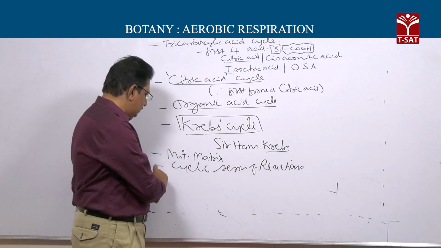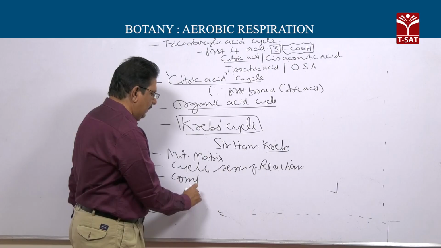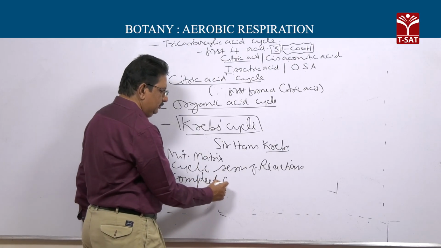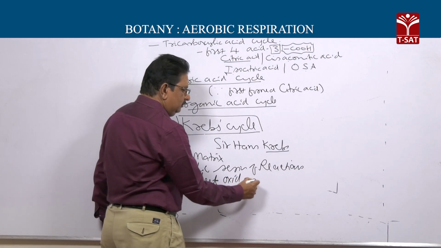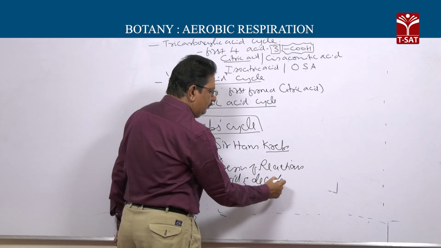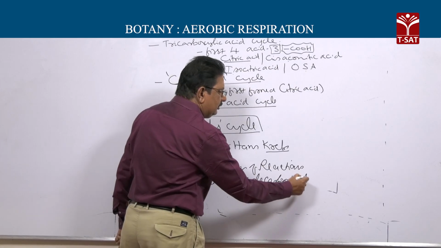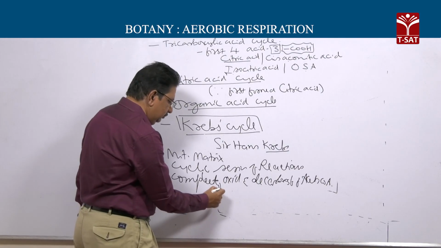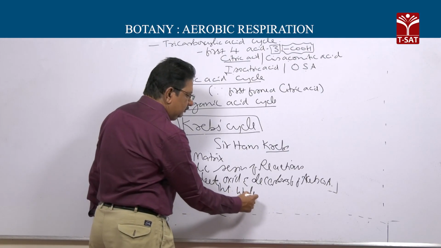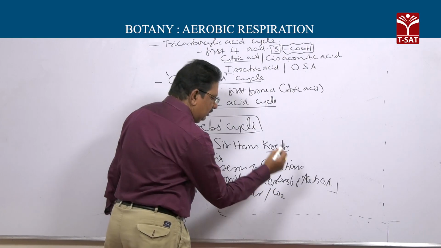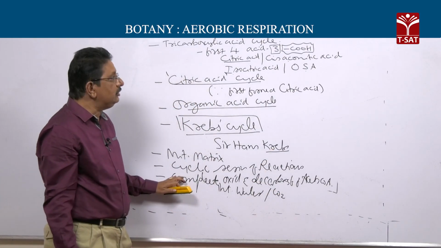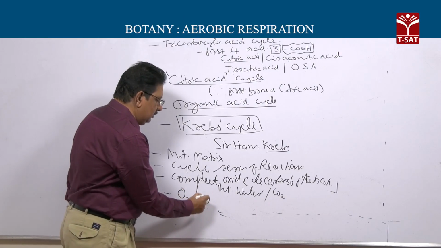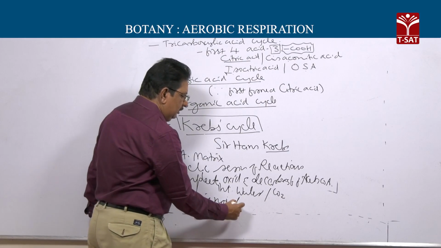So what happens here? Chemically, the Krebs cycle involves complete oxidation and decarboxylation of acetyl coenzyme A into water and carbon dioxide. Once again, oxygen is not directly involved.